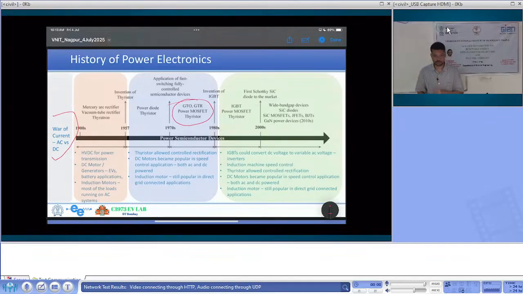I have a few slides comparing IGBTs with MOSFETs, and I'll talk more about that as well. Then from the 2000s, wide band gap devices, silicon carbide and GaN, have started picking up, and we are moving closer and closer to that ideal switch, because these wide band gap devices have better properties than conventional silicon.